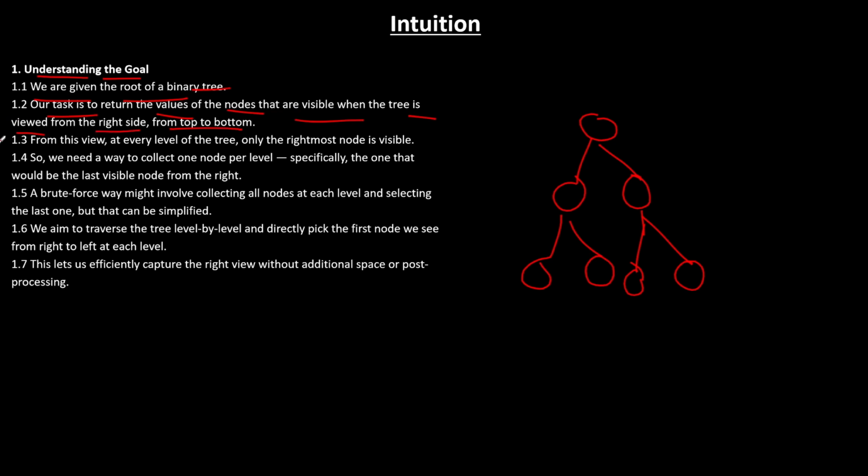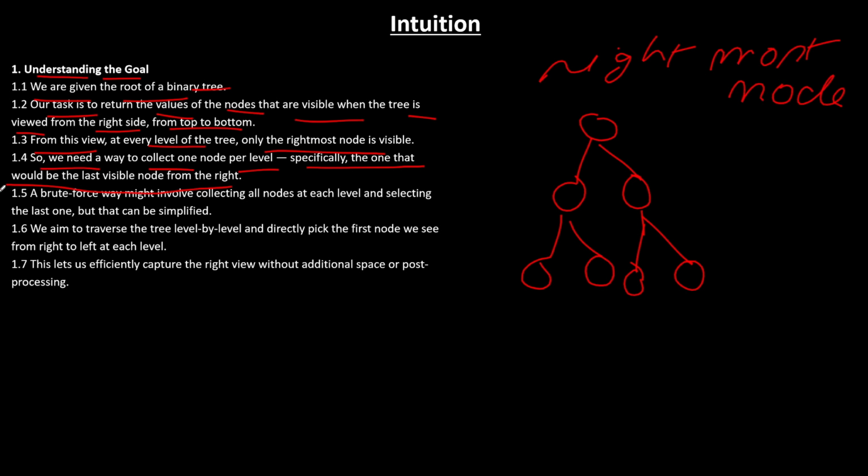Okay, that is clear to us. From this view, at every level of the tree, only the rightmost node is visible. That also makes sense to us. So we need a way to collect one node per level, especially the one that would be the last visible node from the right, or basically the rightmost node. Fine.